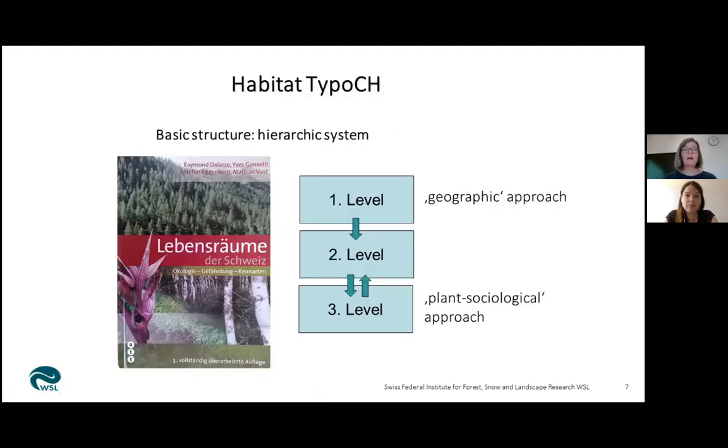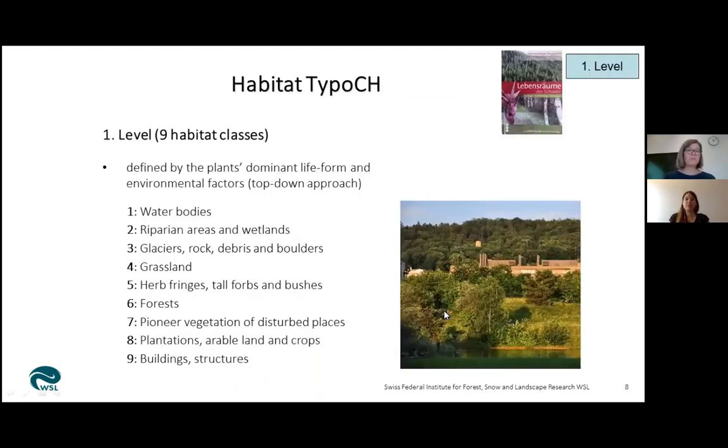So the TIPO-CH classification system is a hierarchical system. So it has at least 3 levels, and the top level is a more geographic approach, and the third level is a plant sociological approach. So the first level is 9 habitat classes, and they're defined by plant's dominant life form and environmental factors.